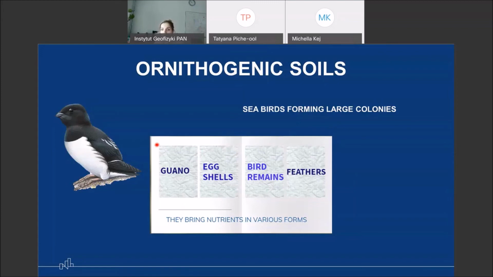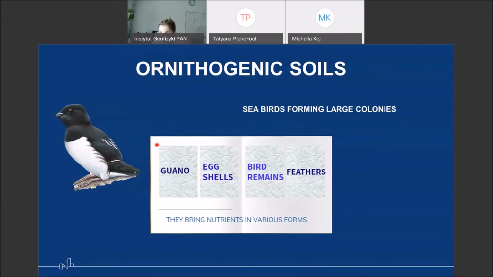Actually, in another polar ecosystem, in the Antarctic, these soils can also occur around or in active or maybe sometimes abandoned penguin colonies. So in the north it's little auks, and in the south it's penguins that create these naturally intensely fertilized grounds.